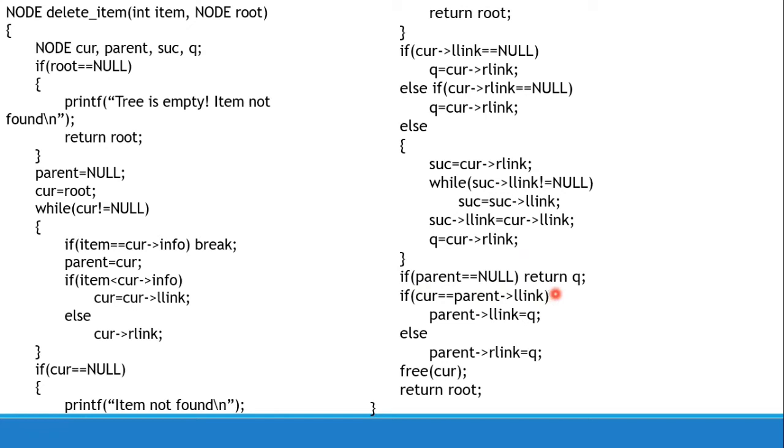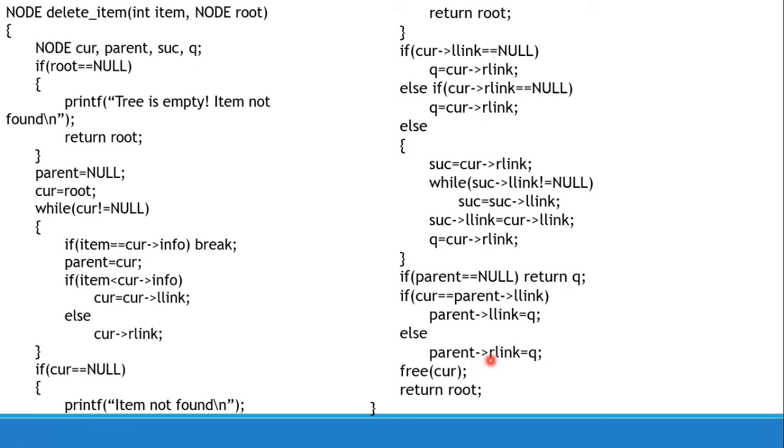But if the parent exists for the node to be deleted, then attach the subtree pointed to by q to the parent of the node to be deleted, based on the direction. Connecting the parent of the node to be deleted to q is done by: if current equals parent of L link, parent of L link equals q, else parent of R link equals q.